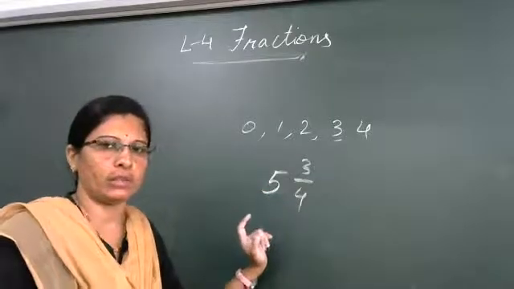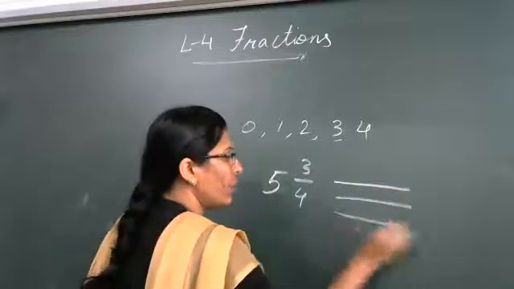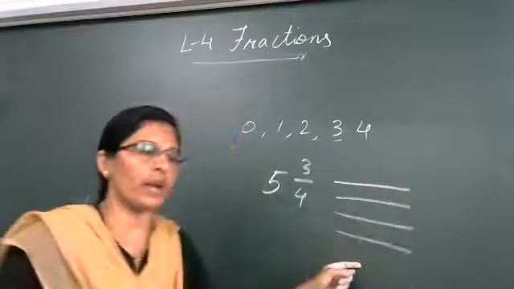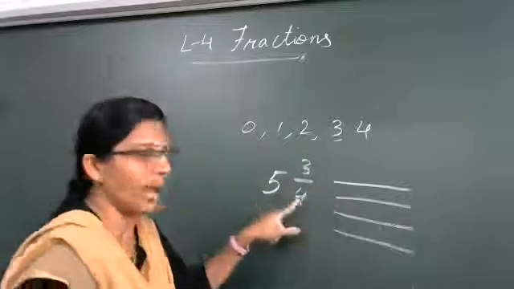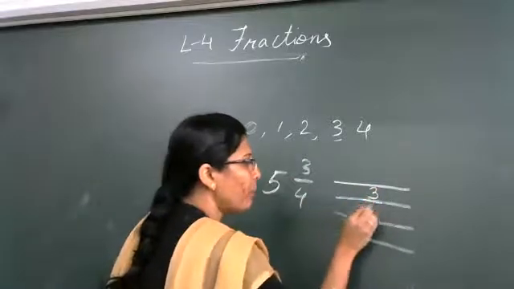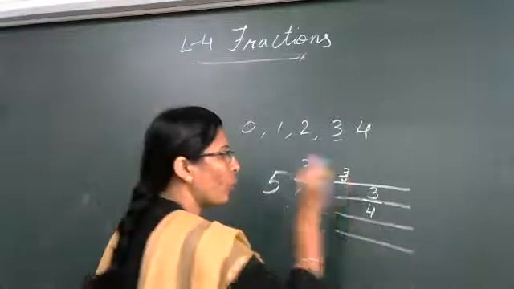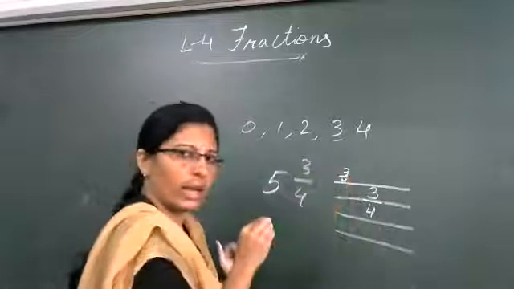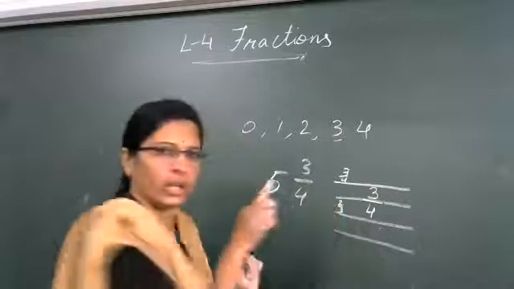And when you are writing in your notebook, you have single line notebook. How will you write the fractions? You have to write fraction 3 by 4 with 3 up and 4 down. Don't write like this, 3 by 4 here only. Okay, it is wrong. Or 2 by 3, you write here only.